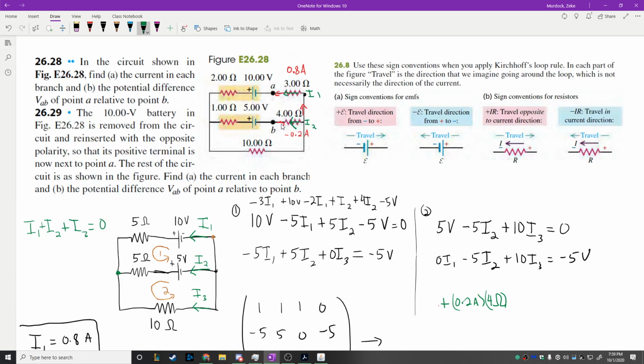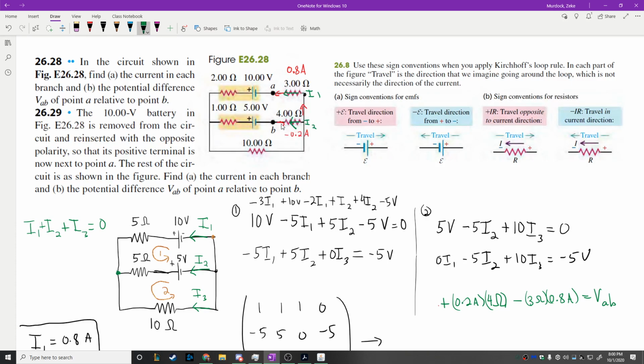And then we get to this piece right here. We're going downstream, so then we're going to do minus 3 ohms times 0.8 amps. And this should give us the potential of point A relative to B. So 0.2 times 4 is what? So it's 0.8 minus 3 times 0.8, which is 2.4.